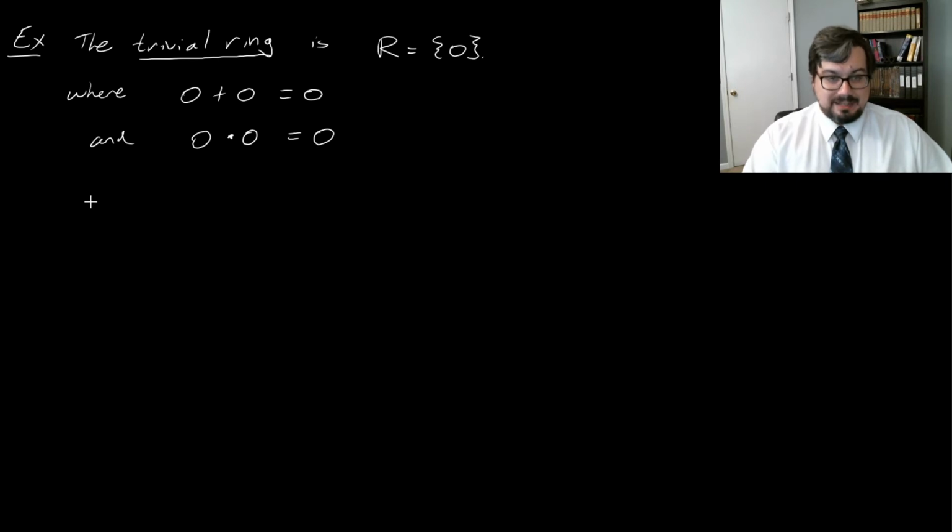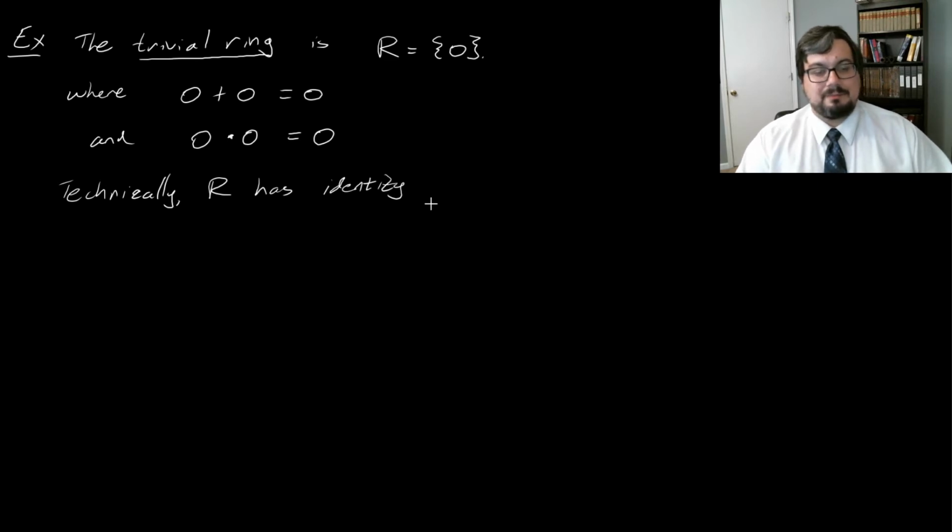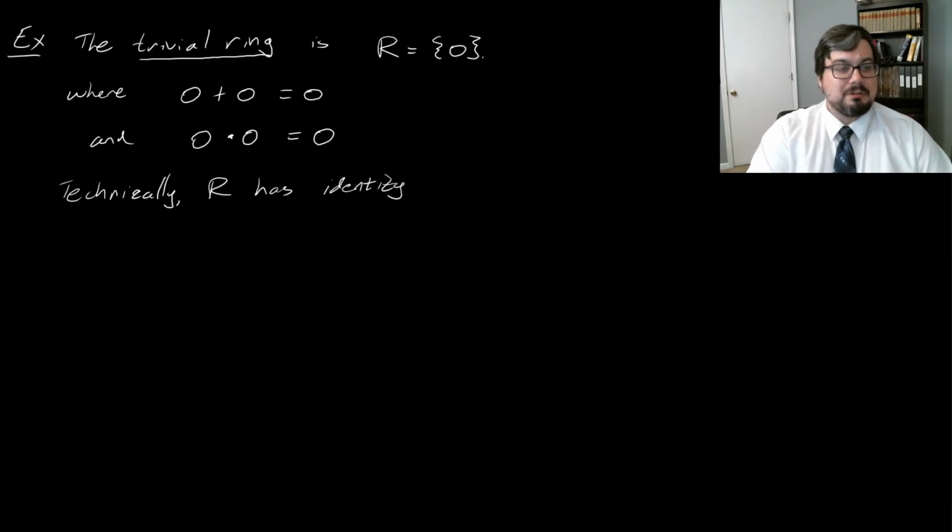Now, technically, this ring R has identity. So 0 itself is a multiplicative identity, because when you multiply it by anything in the ring, that is 0, you get that thing back, 0.